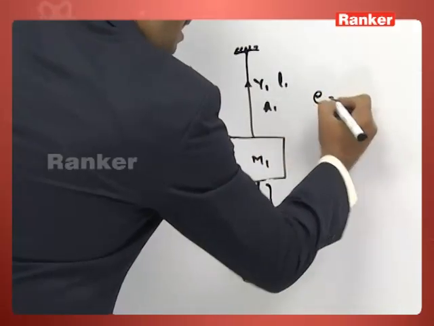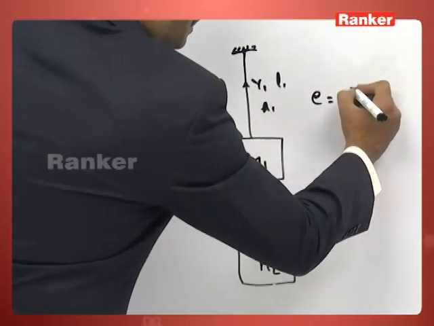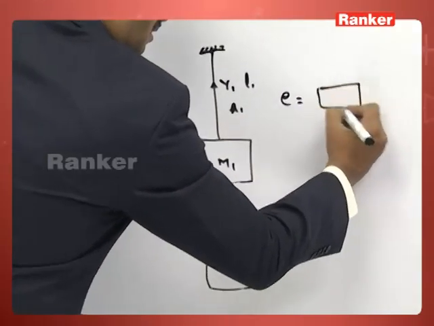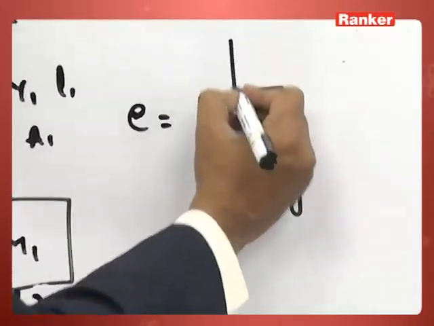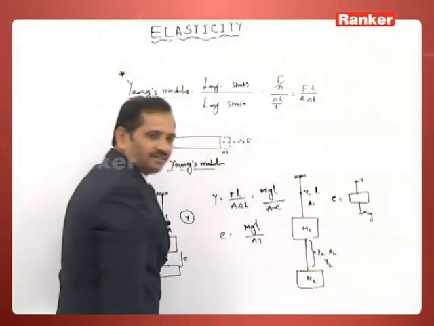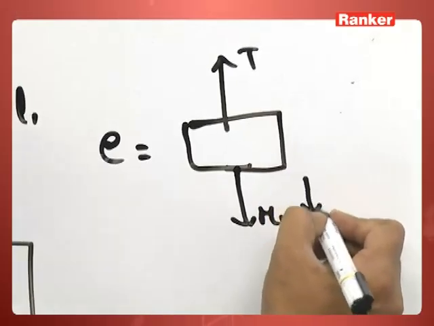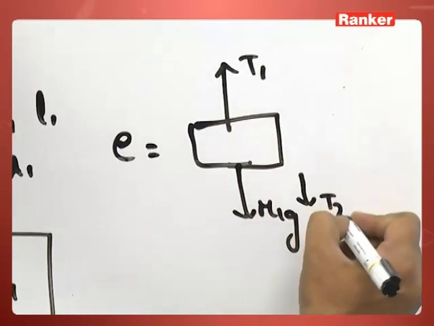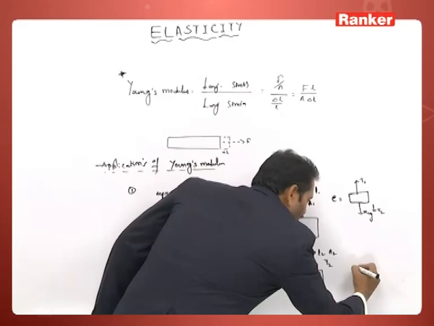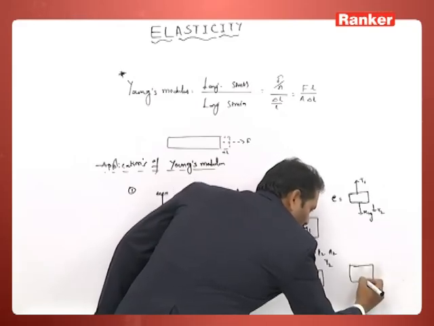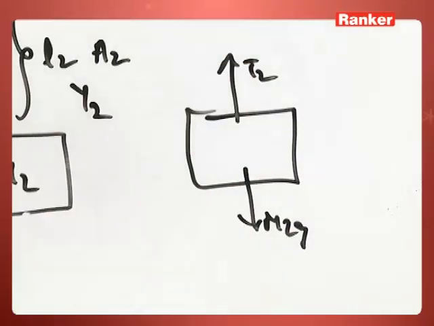Extension produced in the upper wire, we have to think about this free body diagram. M1G downwards, tension upwards, and lower part tension is also downwards, let it be T1, T2. If I draw the free body diagram for second body, M2G downwards, tension upwards, T2.